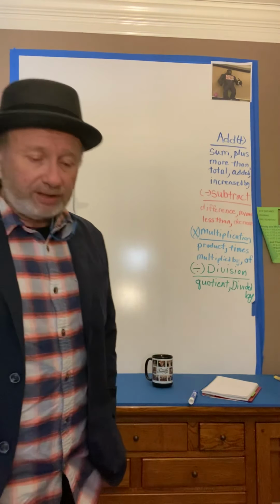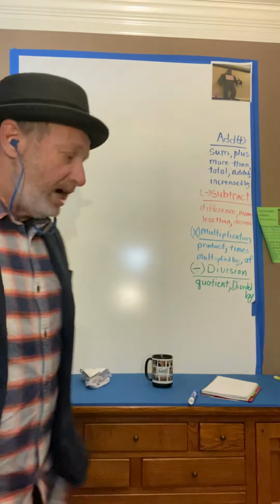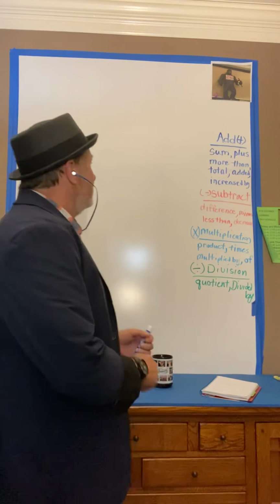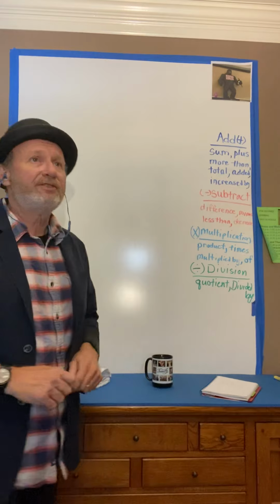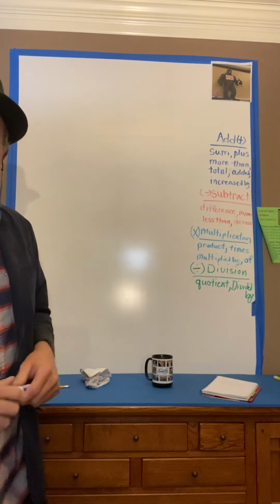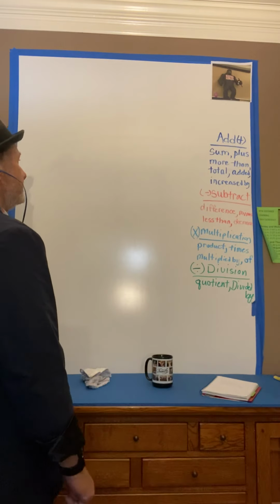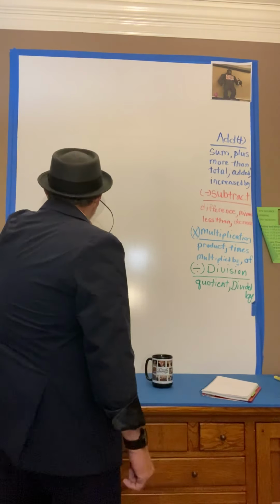So let's take one for instance. Let's say 18 times 5. Well, you'd multiply that, and let's see, 10 times 5 is 50. 8 times 5 is 40, so that would be 90.